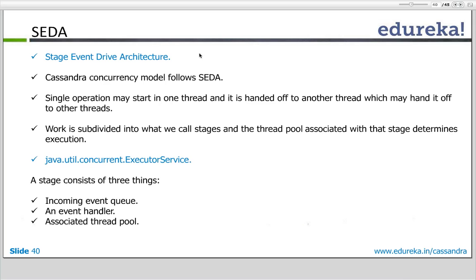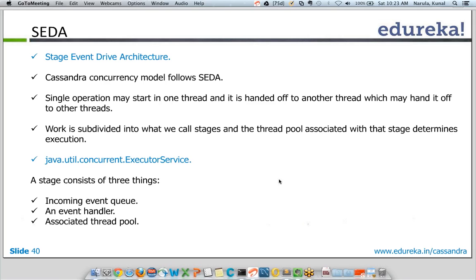So how does it happen? Your write request in Cassandra is divided into different stages: write to commit log is one stage, write to memtable is the second stage, and write to SStable is the third stage. There is a different thread pool associated with each stage.